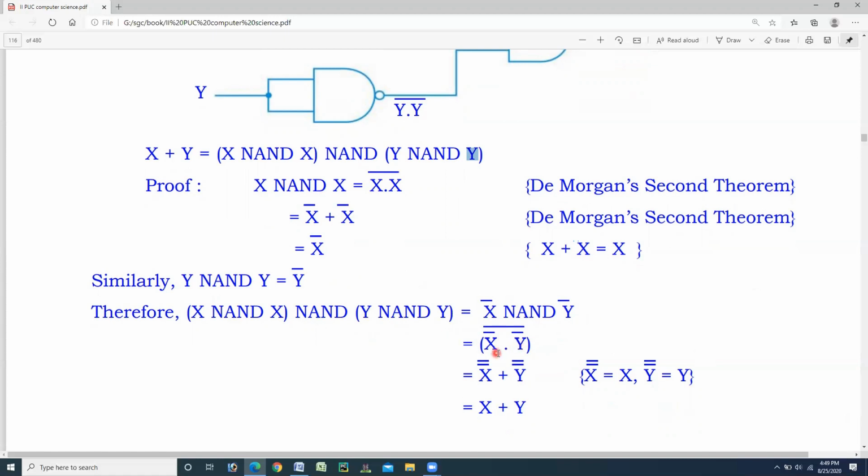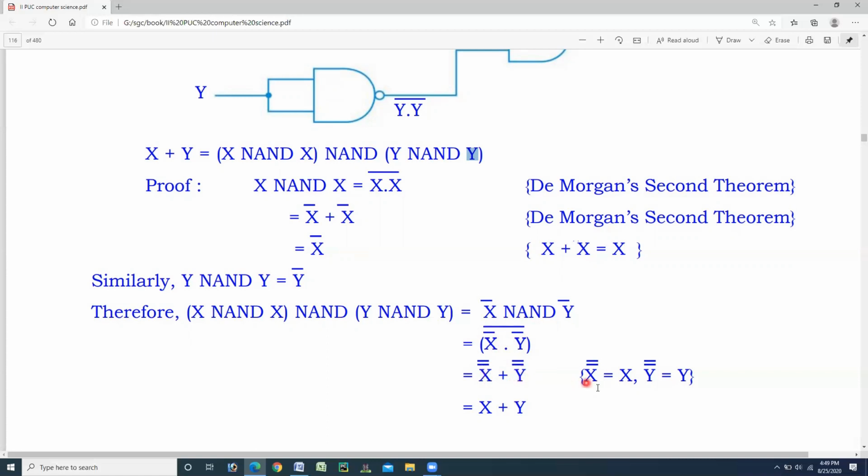Then by De Morgan's theorem, if you write this out, it is X double complement, the dot changes to plus, then Y double complement. By the first theorem, (X complement dot Y complement) whole complement is equal to X double complement plus Y double complement.